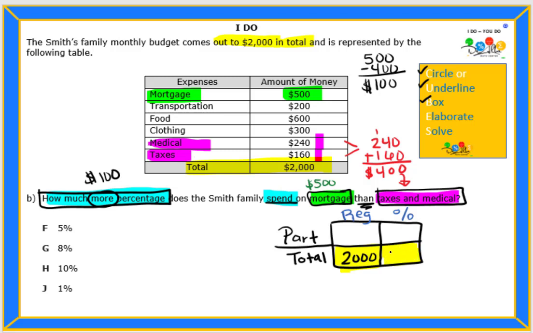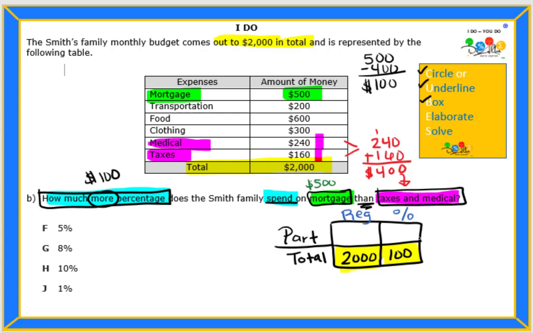So we had discussed this problem before. $2,000 is the entire budget. So $2,000 represents 100% because 100% is the entire budget. They mean the same thing. $2,000 represents 100%.